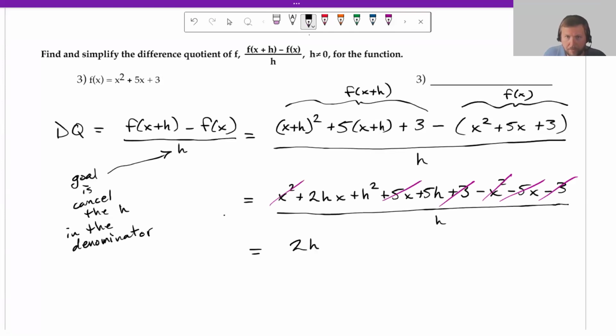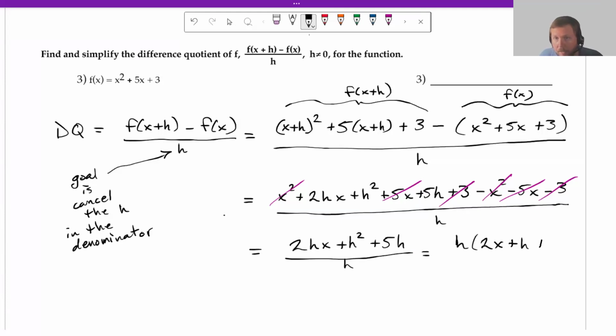So now I'm left with 2hx plus h squared plus 5h all over h. And now I just kind of feel set up for success because I see everything that's left has an h as a factor. So let's factor that out. So I have h times the quantity of 2x plus h plus 5 after I've factored it out.